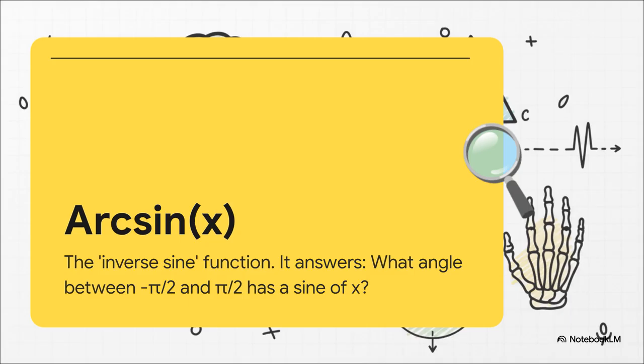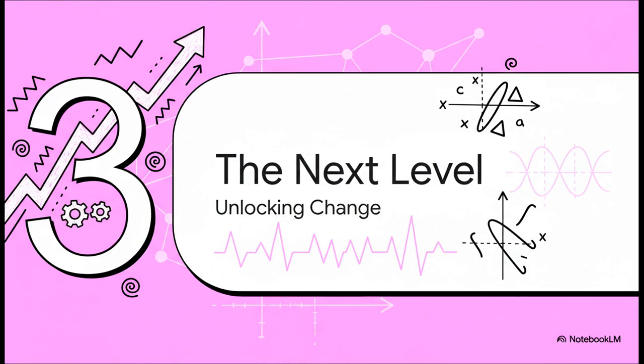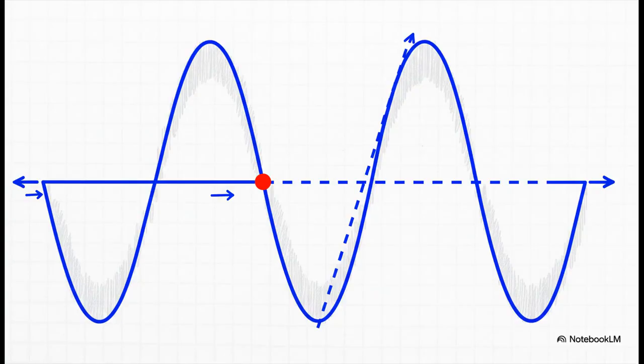So problem solved. All right, so we have our codes for going forwards and backwards, but right now everything's pretty static, like a snapshot in time. To make this stuff useful in the real world, where things are constantly in motion, we need to bring in the idea of change itself, and that means calculus. The whole point of calculus, specifically derivatives, is to measure how fast something is changing at a very precise moment.